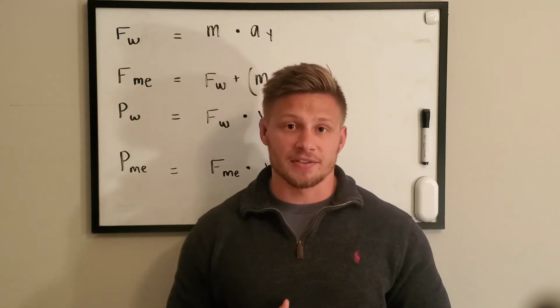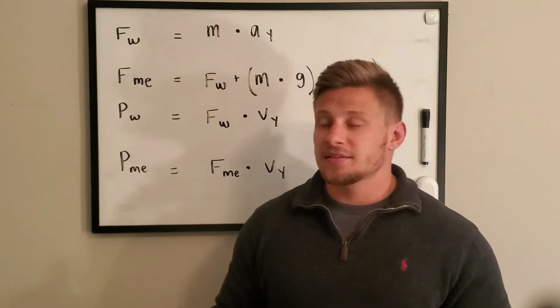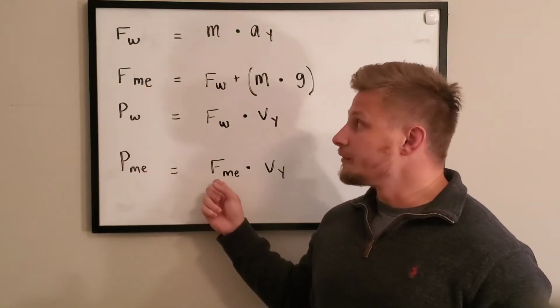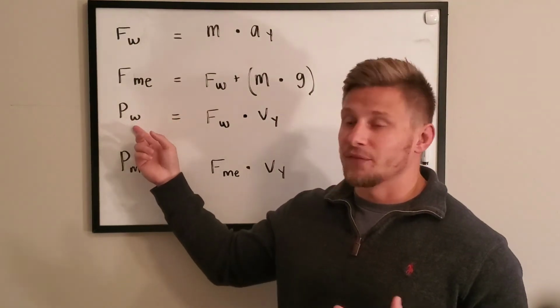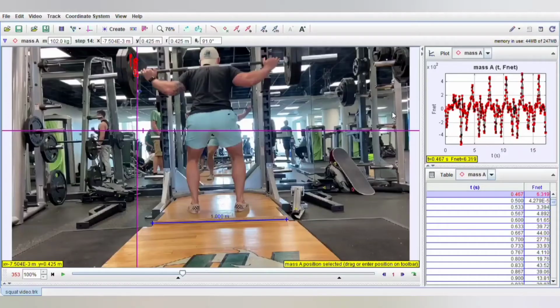Those are called vectors, and we will talk more about that next week with projectile motion. When we're trying to find the power of me, we're using the force of me to find it. And when we're trying to find the power of the weight, we're using the force of the weight. Now I plugged all those formulas into Tracker, and let's see what graphs it comes up with.